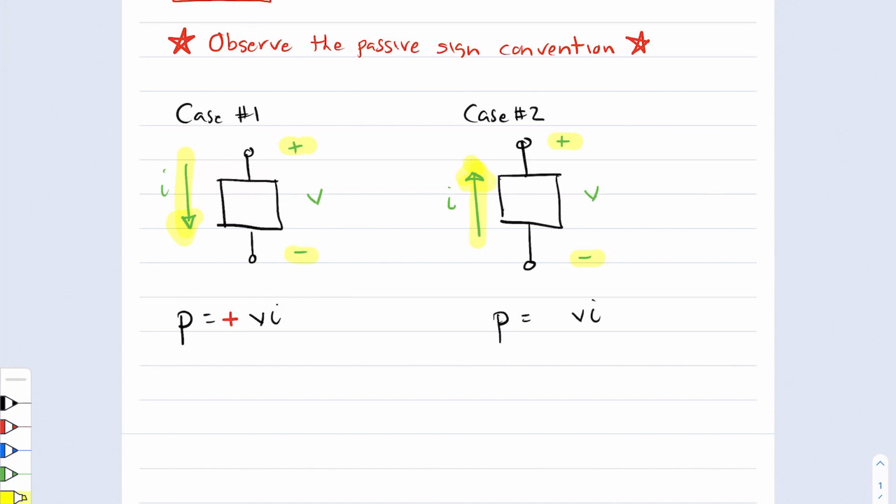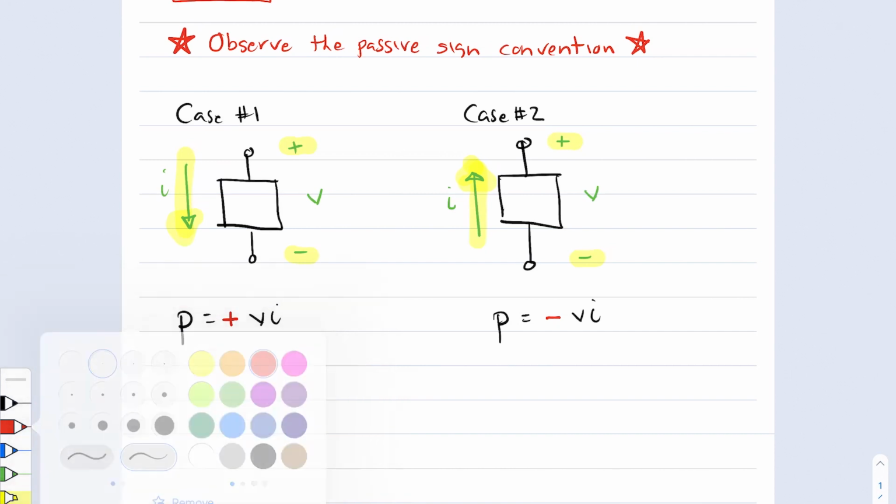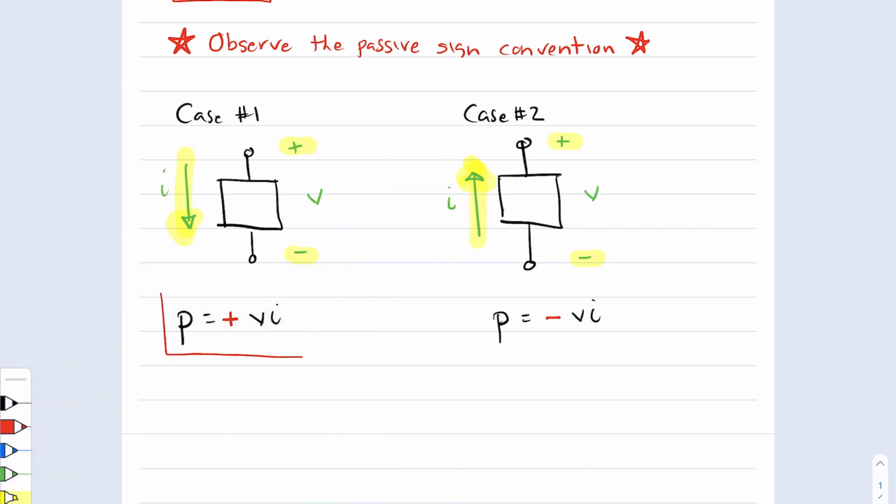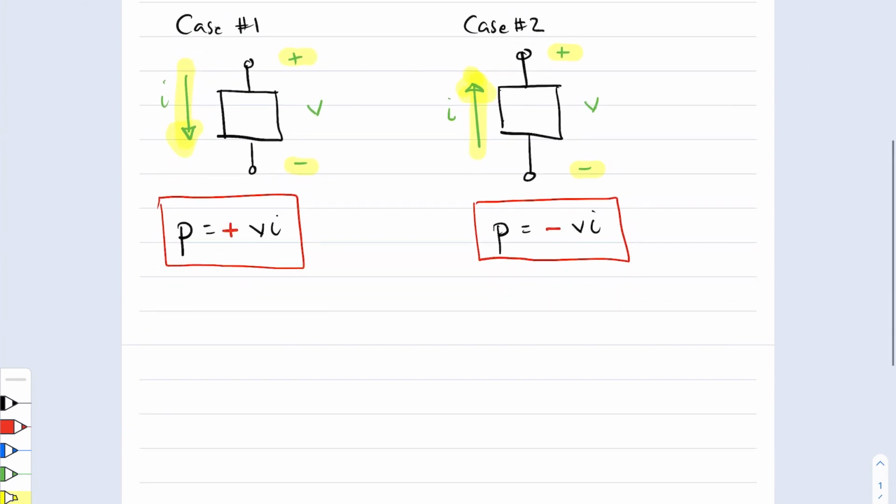That is going through a voltage rise, which means I must add in those signs by hand. So if you're computing electrical power for case number 1, you use this equation. If you're computing electrical power for the second case, you must use the second equation and put in this minus sign by hand. That's extremely important.